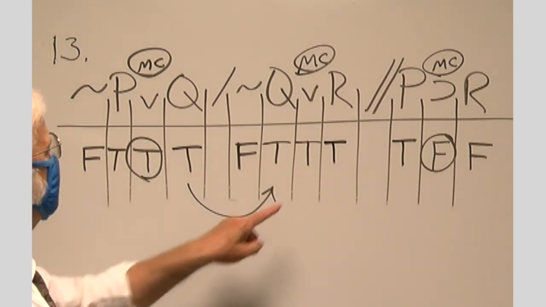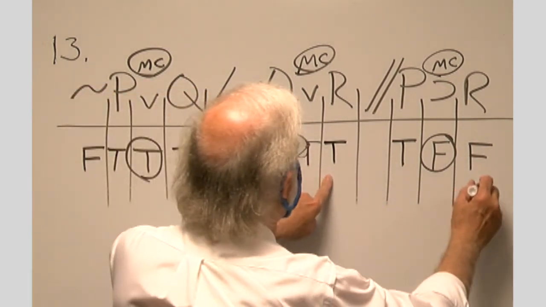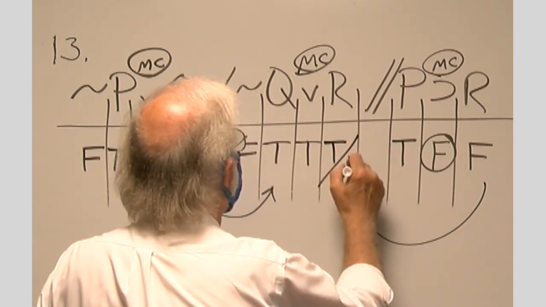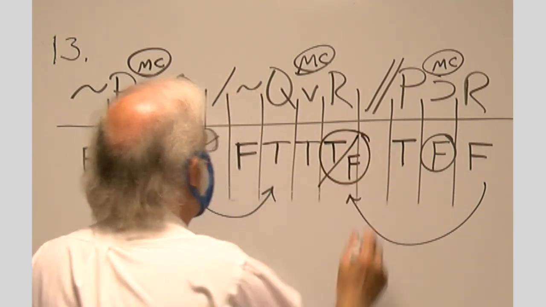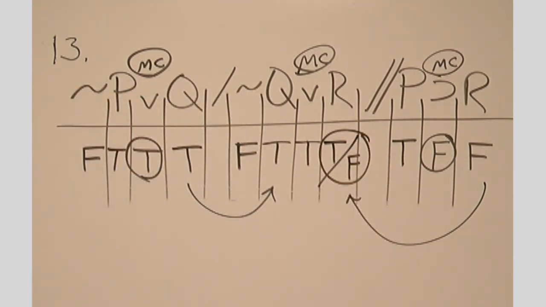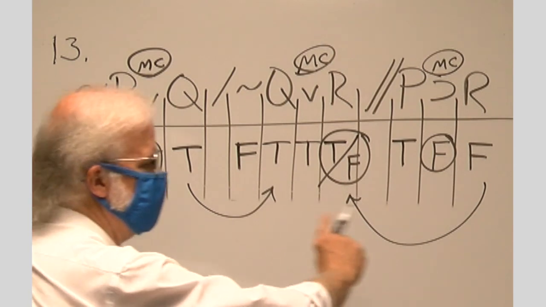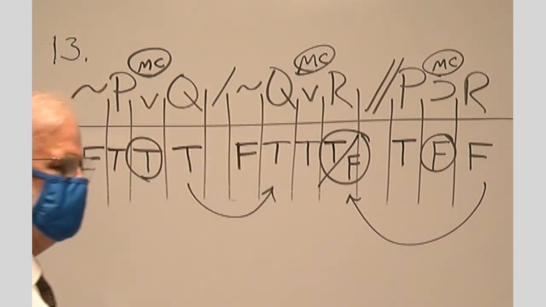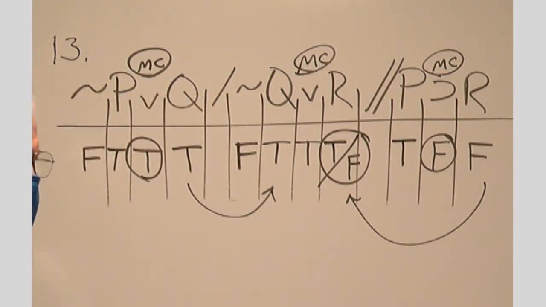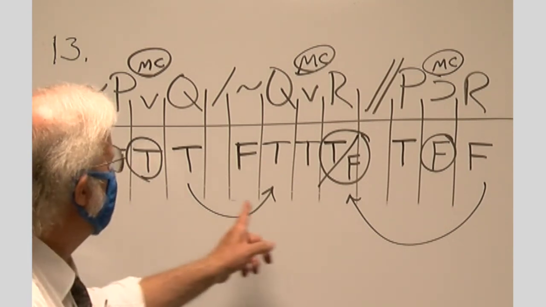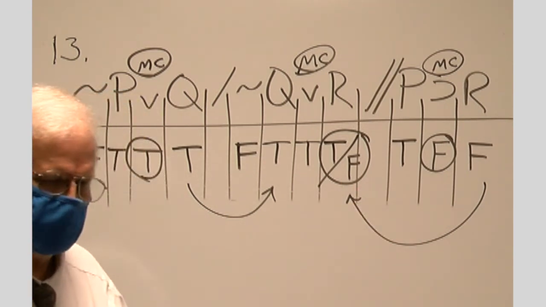But wait a minute, we said in the conclusion that R has to be false. So R has to be true and false at the same time. What that means is I cannot consistently assign truth values, making all of the premises true and the conclusion false.